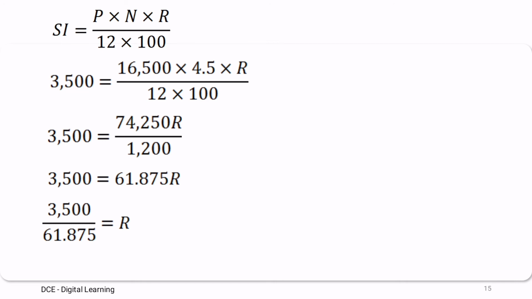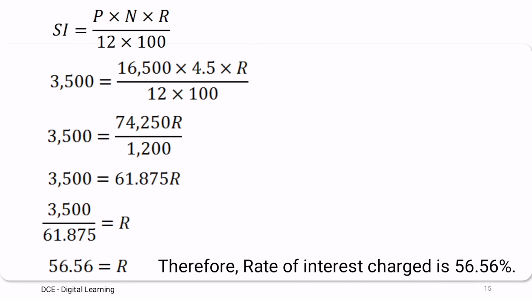So therefore 3,500 divided by 61.875. Now the rate of interest is 56.56%. That is 3,500 divided by 61.875. Therefore the rate of interest charged in the installment transaction is 56.56%.